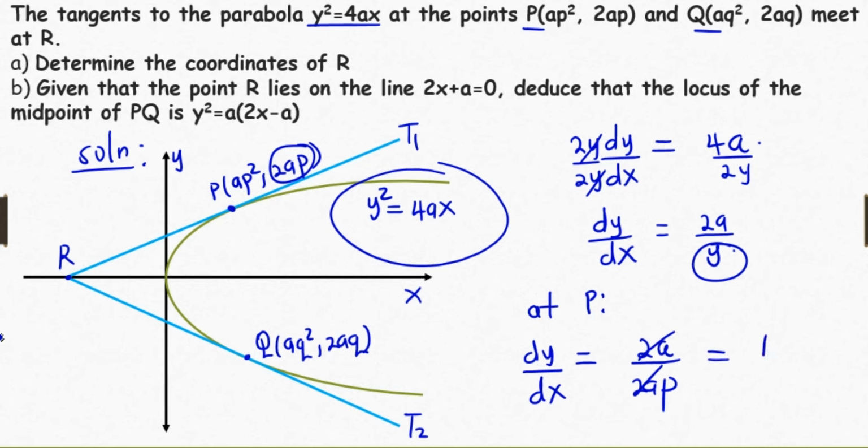So this is equal to 1 over p. To find the equation of tangent 1, we say (y minus y1) over (x minus x1) is equal to 1 over p.